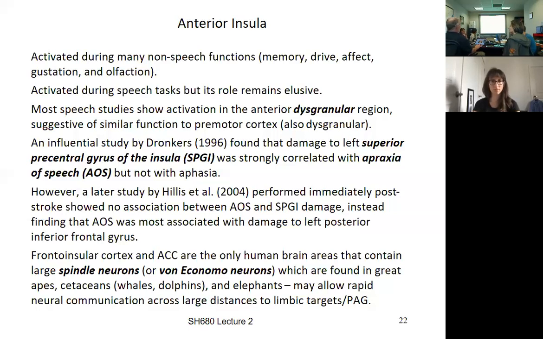So people have suggested it's maybe rapid neural communication to limbic targets in particular that they're important for, as opposed to, say, motor targets. But anyway, they're a hot topic in neuroscience because they were discovered 10, 15 years ago.